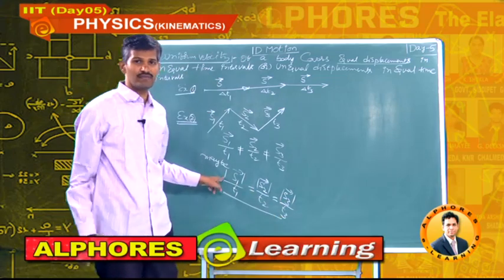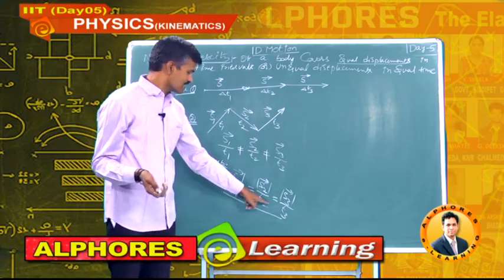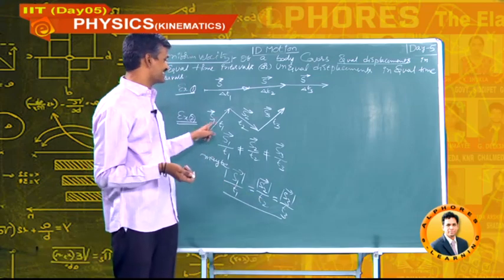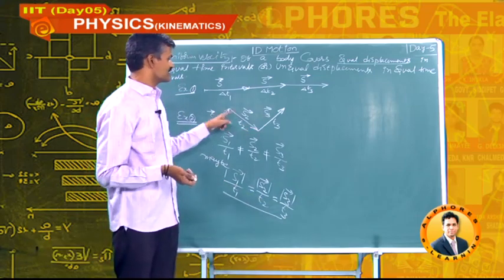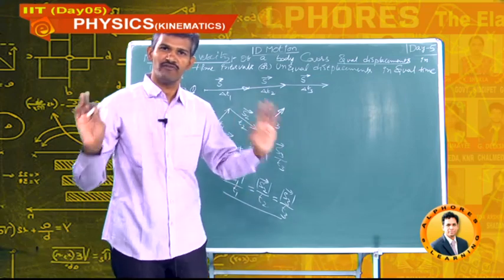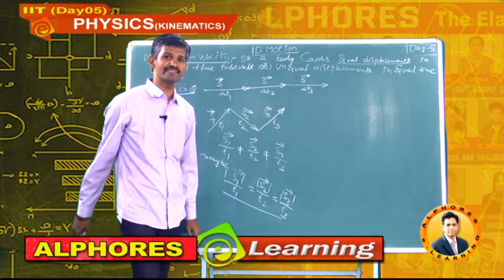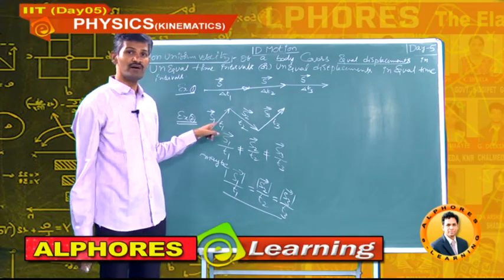It may be equal or may not be equal. We don't bother about this point. We should consider the direction. Based on this direction, we are saying that the body is moving with non-uniform velocity.